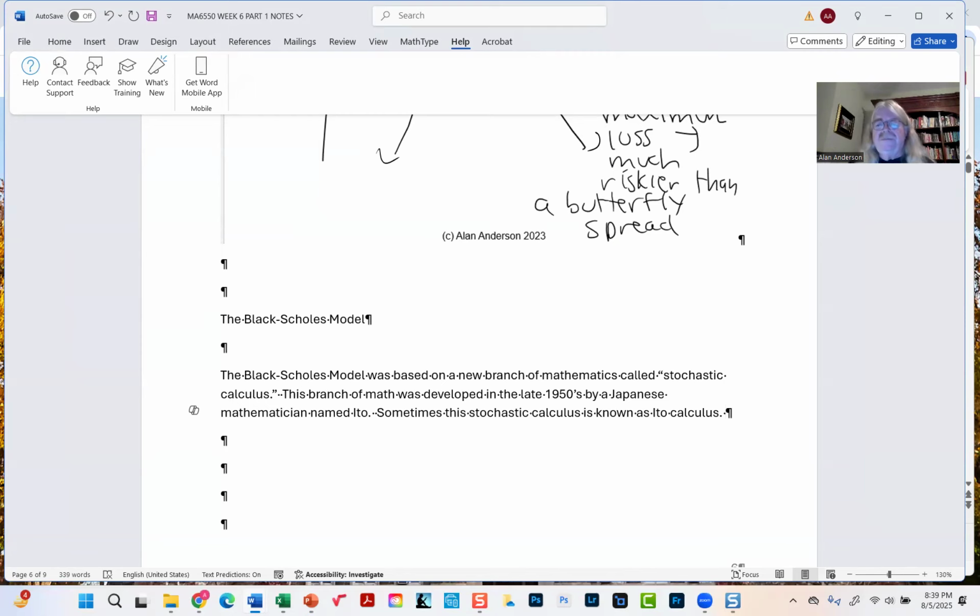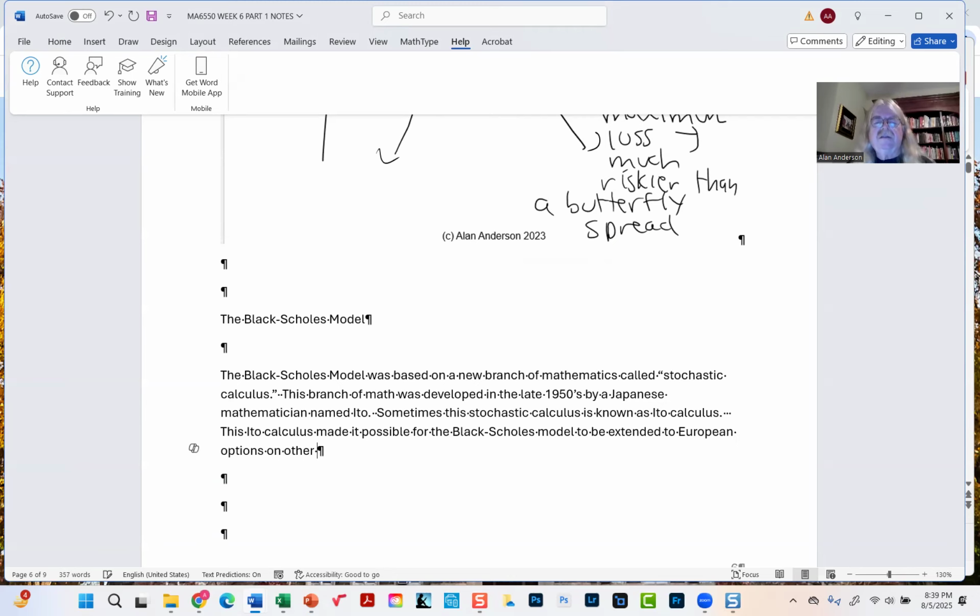And it's a good thing he did, because this Ito calculus made it possible for the Black-Scholes model to be extended to European options on other assets besides non-dividend paying stocks, which is all that it could do when it first came out. When that paper first came out, it was literally just meant for that one thing, European call options on non-dividend paying stocks only.